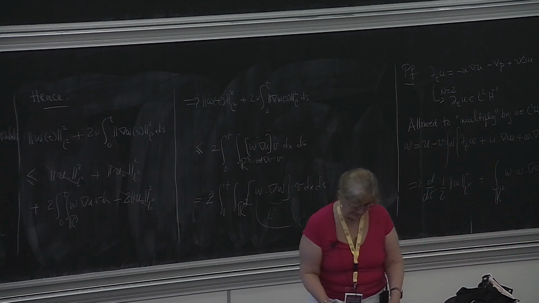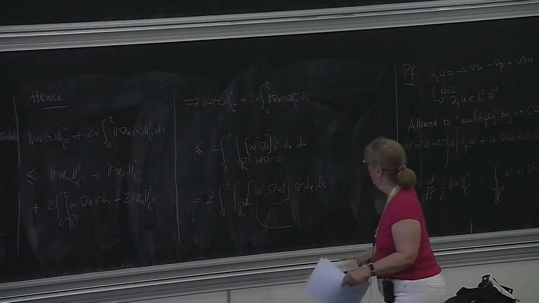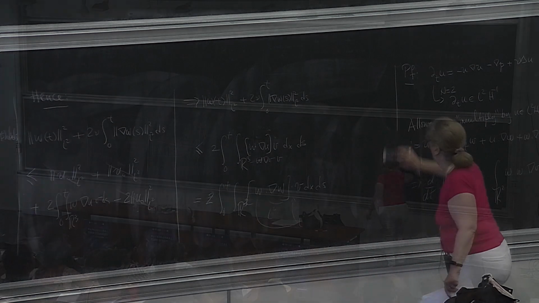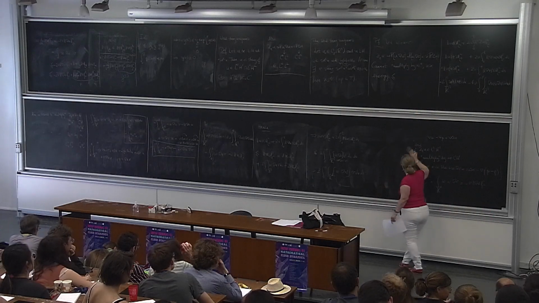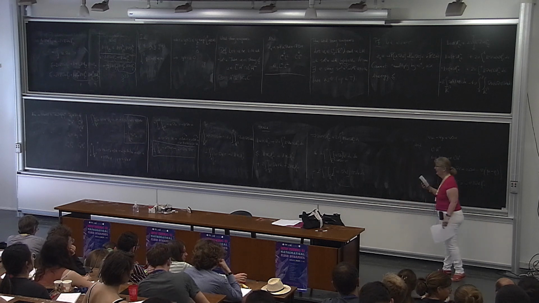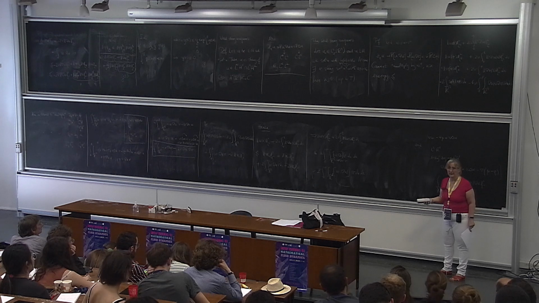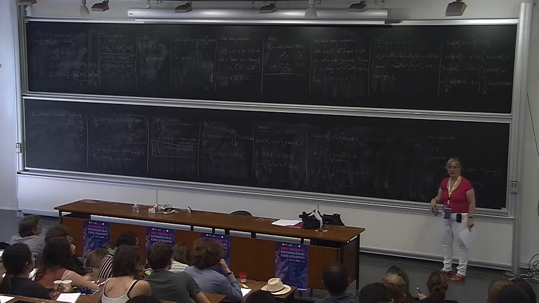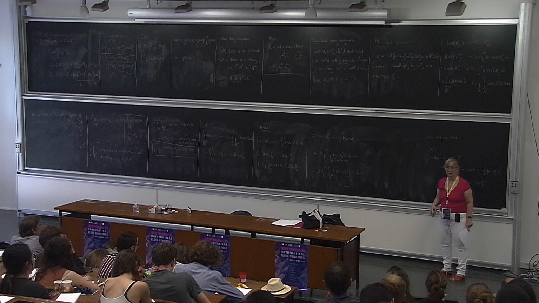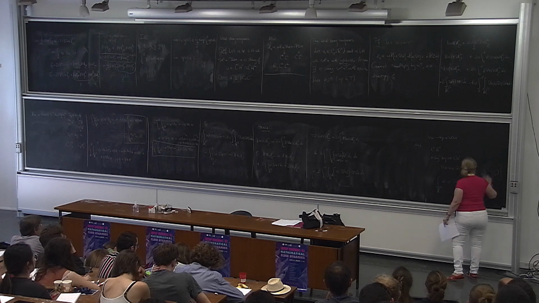Except that now I'm not going to use the L4 inequality. I'm going to use the fact that V is a strong solution. Up until now, I've used the fact that V was L infinity H1. Now I'm going to use the fact that V is L2 H2. Okay?